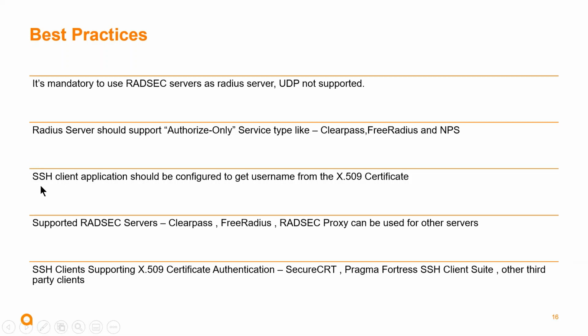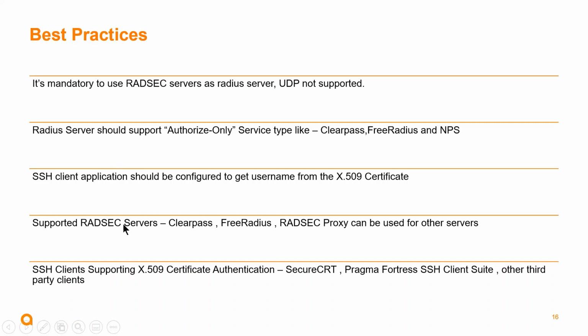And then the SSH client application should be configured to get the username from the X509 certificate. Only a few applications currently support X509 certificate authentication in SSH, such as SecureCRT, Pragma Fortress SSH client suite, and other Linux-based third-party clients. So the SSH client application should be able to get the username from the X509 certificate.